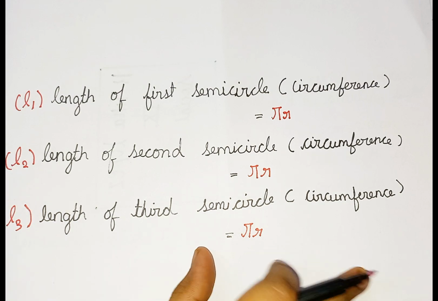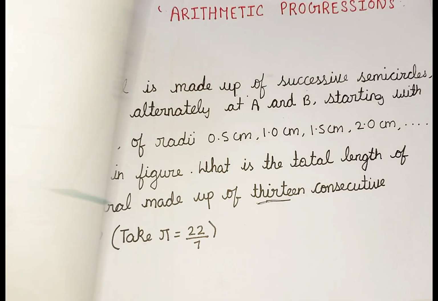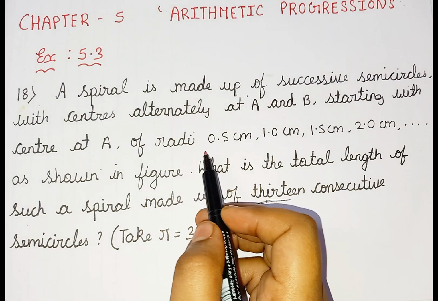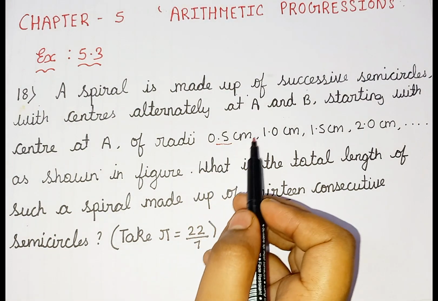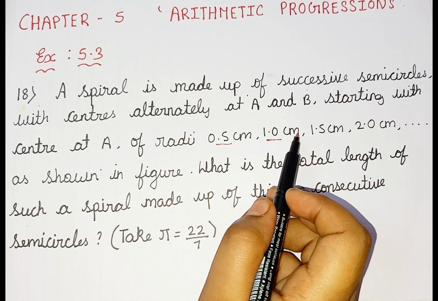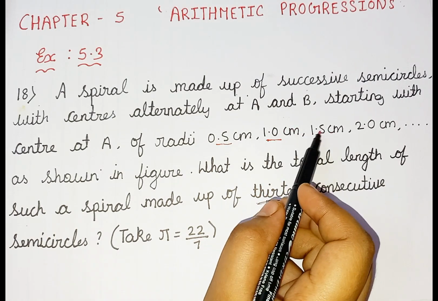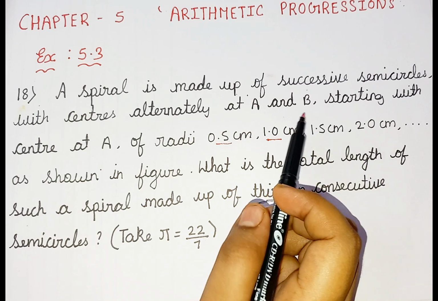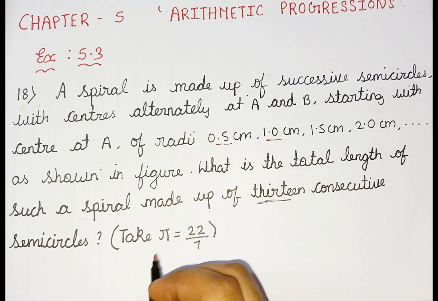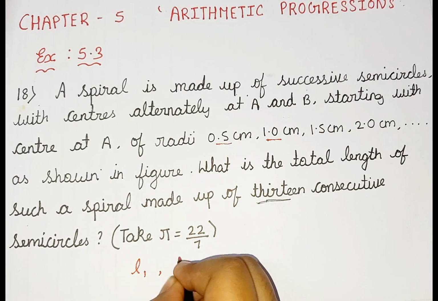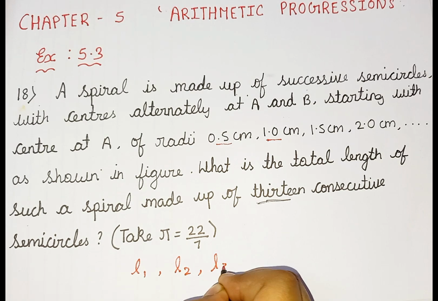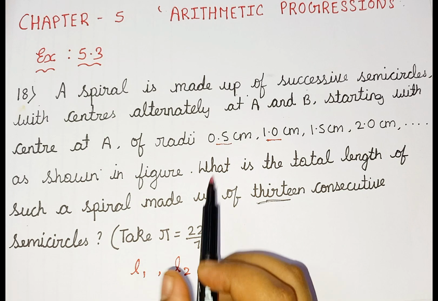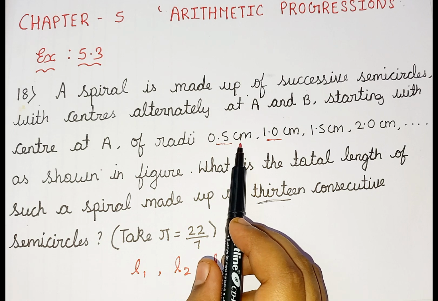Here they also mention the radius. So here you can see we have radii 0.5 centimeter, 1.0 centimeter, 1.5 centimeter, 2.0 centimeter, and so on. But in the figure they have mentioned only length number 1, 2, and 3. So for length number 1, the radius is 0.5 centimeter.